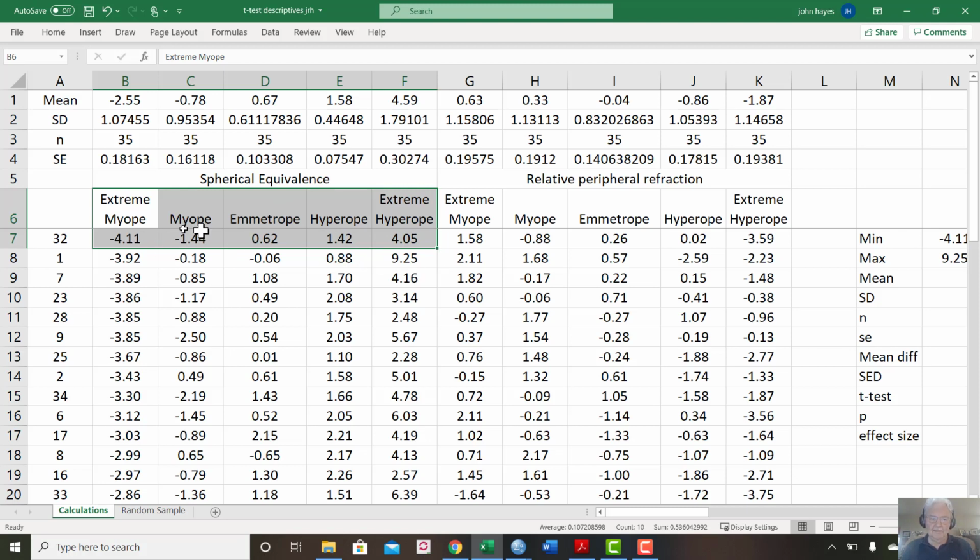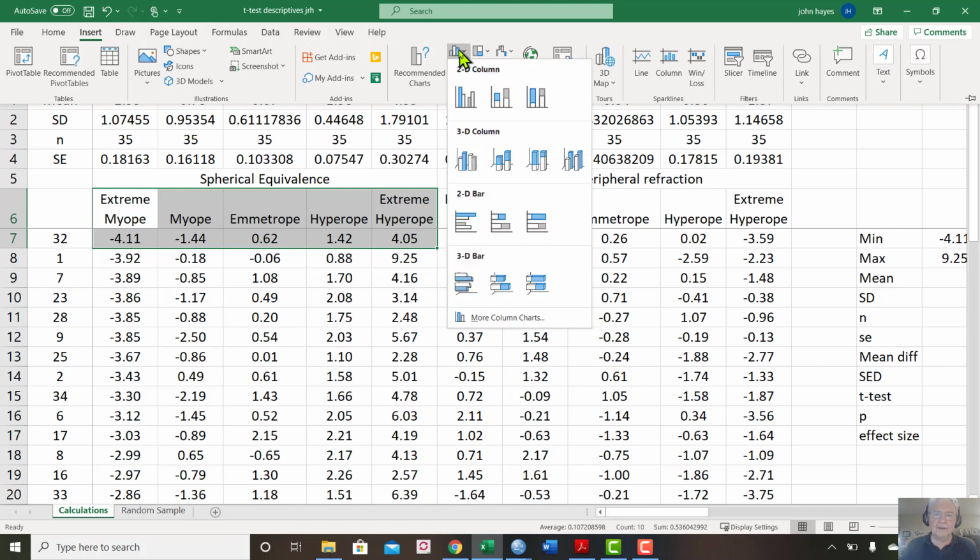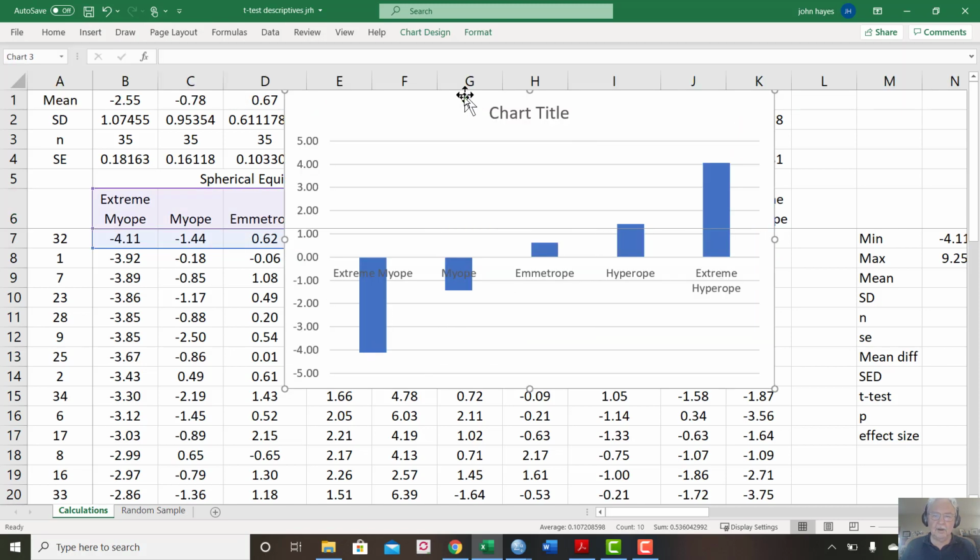We're not going to keep these. We're going to switch those to the means because we want to graph our means. So I'm going to insert a bar graph, and then I am going to click on that, and I am going to move this guy up here.